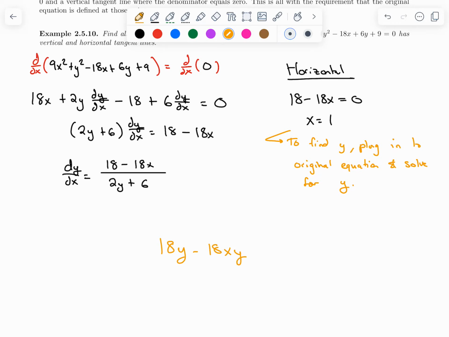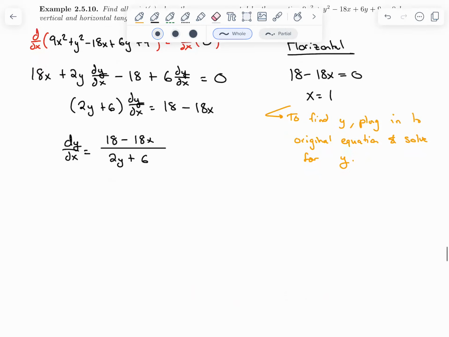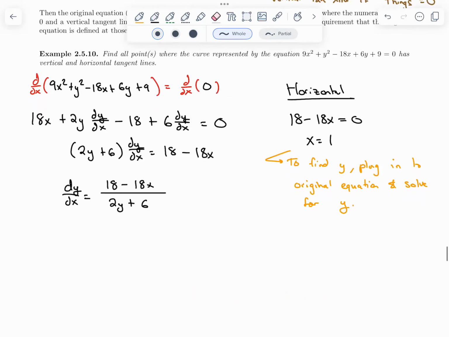Not something like 18y squared plus x squared minus 18xy plus 9y. That's a lot to ask for. That's a tall order. So, of course, great question. Very, very good question.